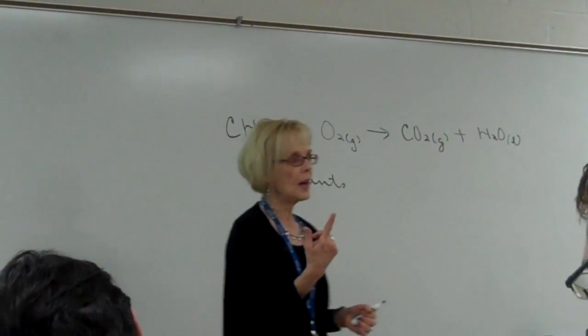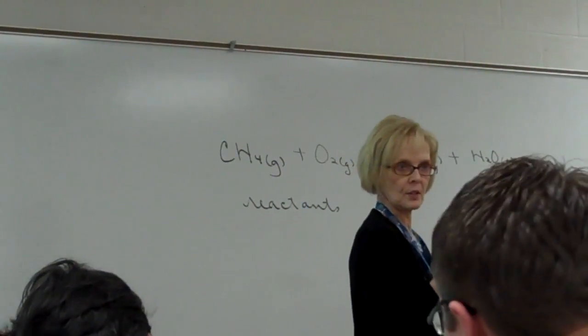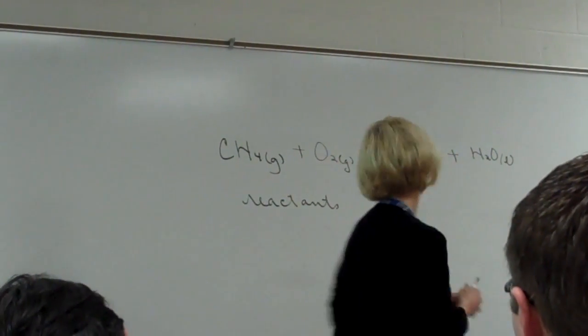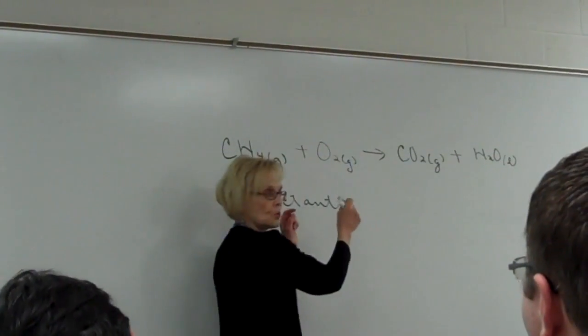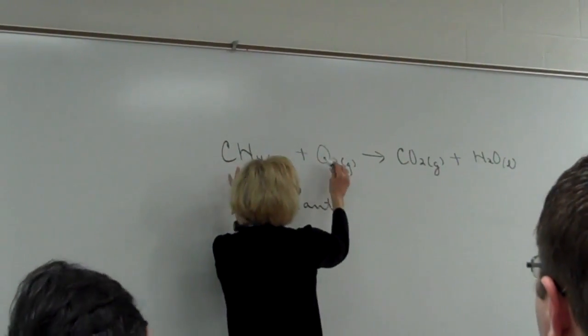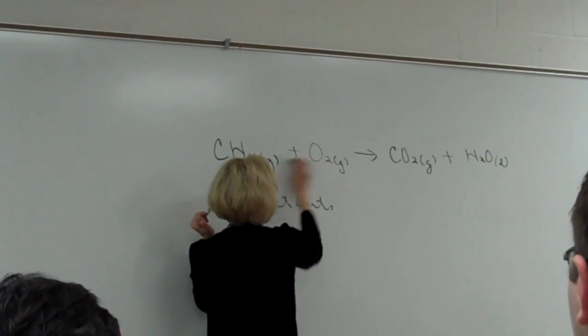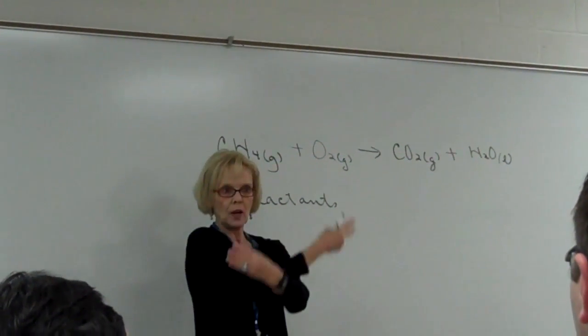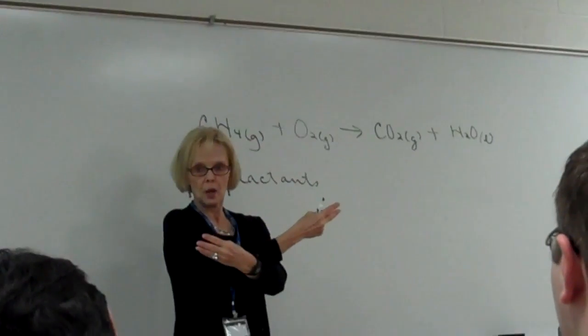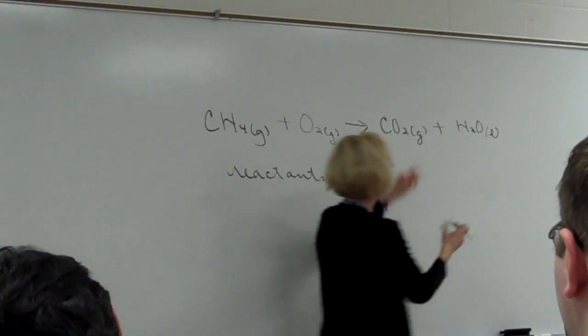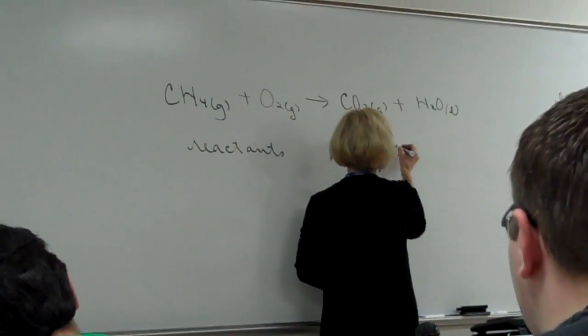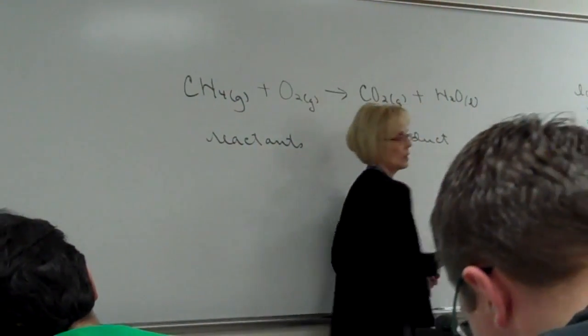There may be one reactant, there may be a half a dozen reactants. It doesn't matter. It just depends on what reaction we're talking about. Now, all reactants are to the left of the arrow, but these things can be written either way. It doesn't matter a bit who comes first. Okay, over here, everything over here is a product.